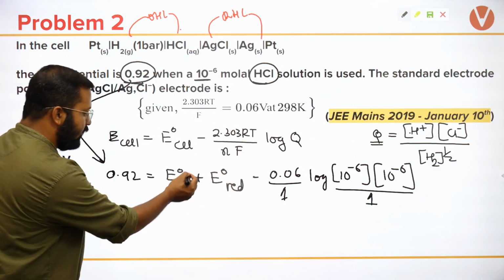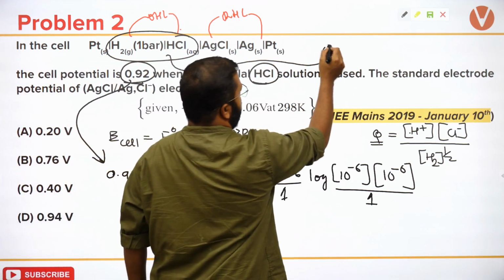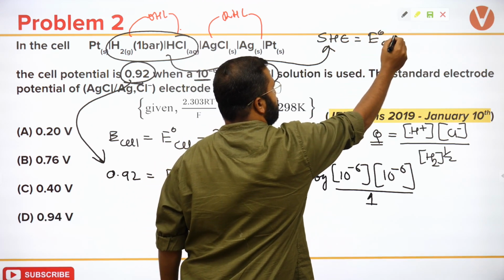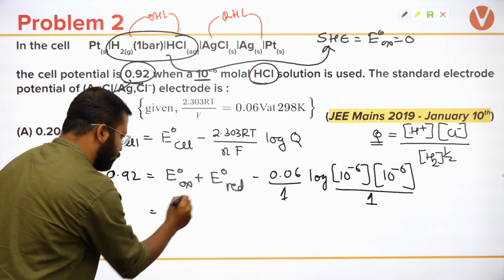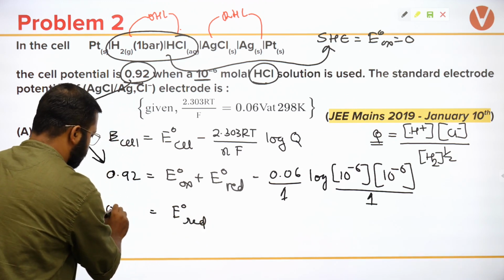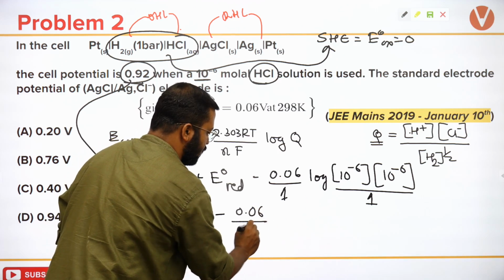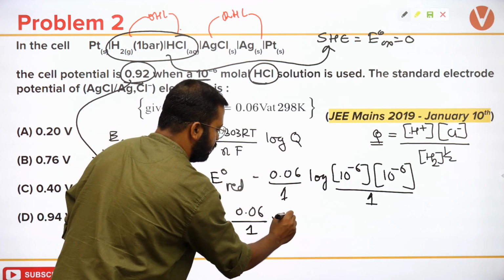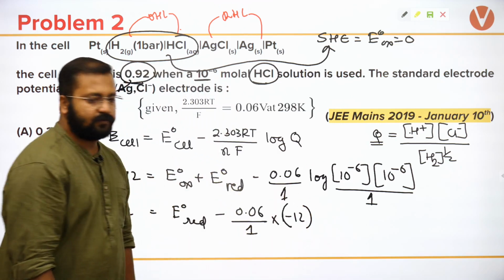Now the E naught oxidation, this part represents standard hydrogen electrode, so E naught oxidation is equal to 0. So this will just be E naught reduction. 0.92 minus 0.06 upon 1 and 10 raised to minus 12. So this will be minus 12.